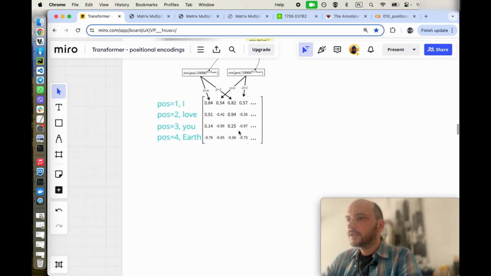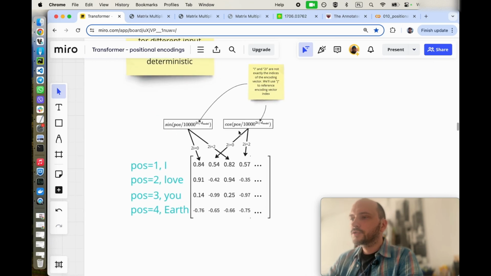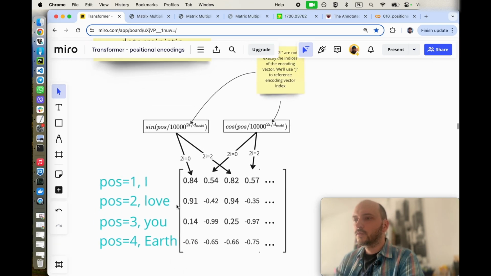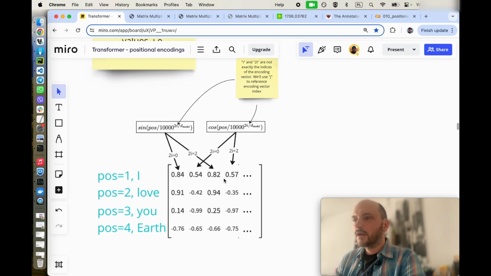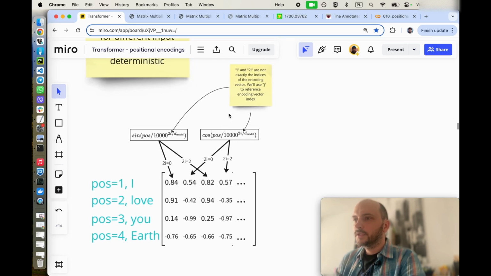Okay, and I will also show you a first visualization of what the actual values of the encodings will be. Let's say we have a sequence: I love you Earth. Then encodings for that will be calculated in this way. For the first index of encoding, it will use sine, and 2i will be equal to 0, and thus this formula will result in this vector.